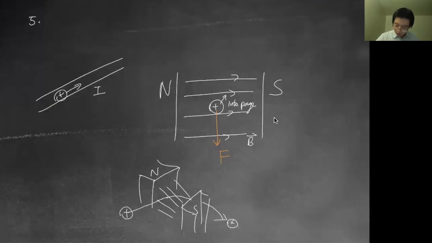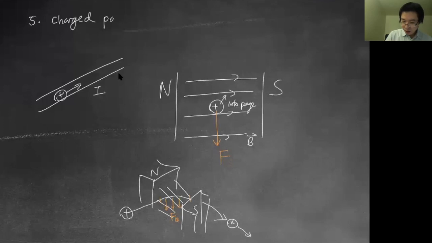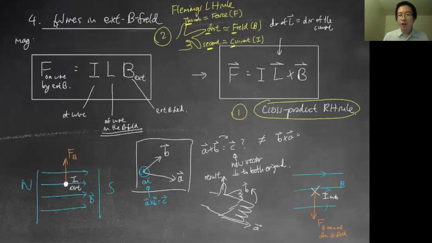Because in here, it keeps experiencing a force pushing it downwards. So you see the magnetic field does not only affect wires, because wires are basically made of moving positive charges, so charged particles also react. Here, on the first page, we have wires in an external B field, and in this case it's charged particles in an external B field.